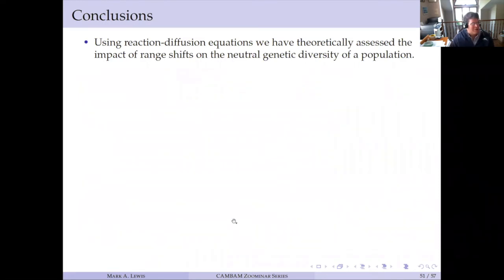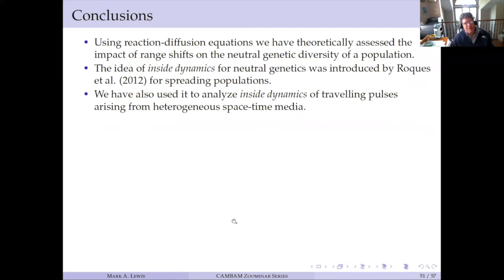And another reason I am excited about this is because of these recent experiments by Gandhi et al., where they've tested some of these ideas on yeast populations. But the mathematical theory that I've been drawing on was introduced by Rock et al. about 8 years ago.